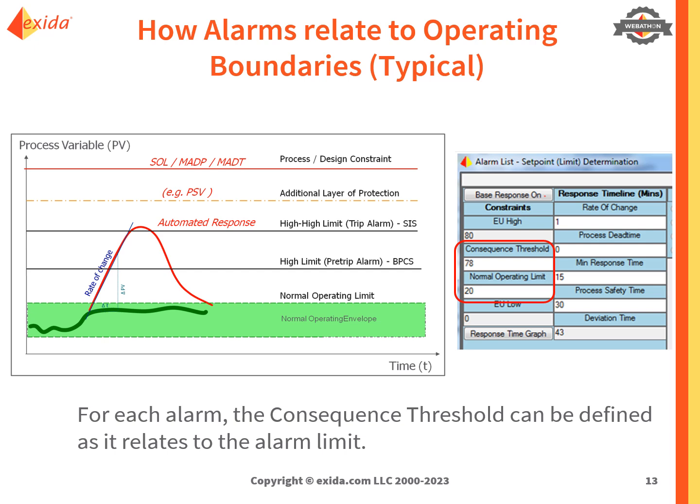Now, in a little bit more detail, for each alarm you may want to record the normal operating levels of the process, also the threshold where a consequence will occur, and that in turn will help you to determine those set points for the alarm that should be set so you can avoid that consequence.